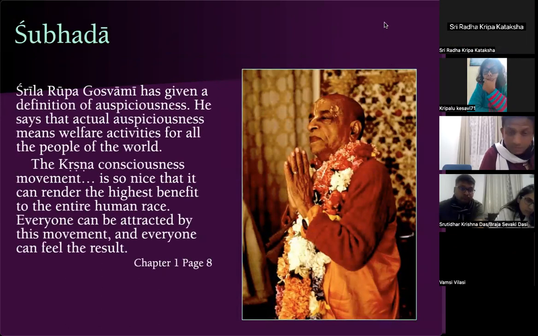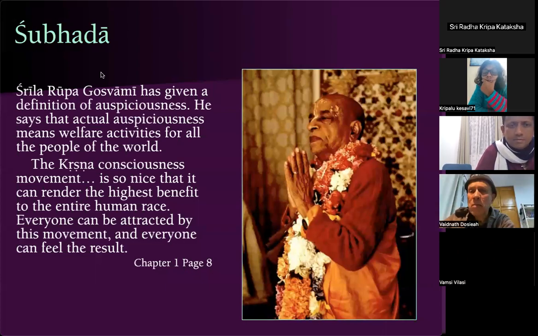Shrutidhar Prabhu, please read. Yes, Hare Krishna Prabhu. Shubhada. Srila Rupa Goswami has given a definition of auspiciousness. He says that actual auspiciousness means welfare activities for all the people of the world. The Krishna consciousness movement is so nice that it can render the highest benefit to the entire human race.